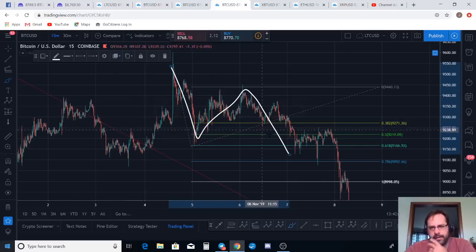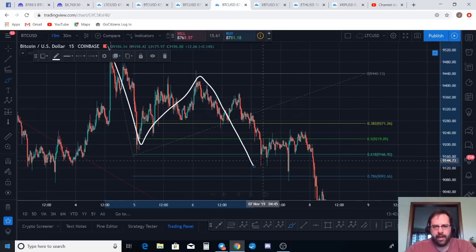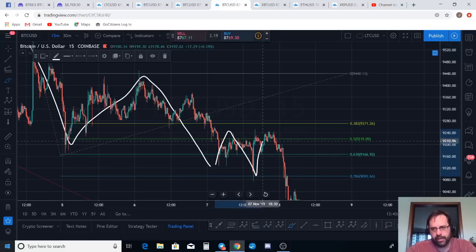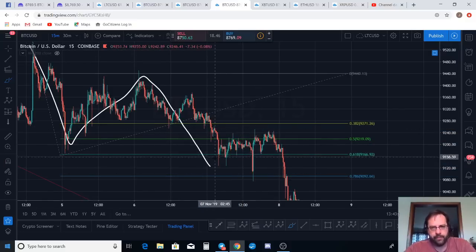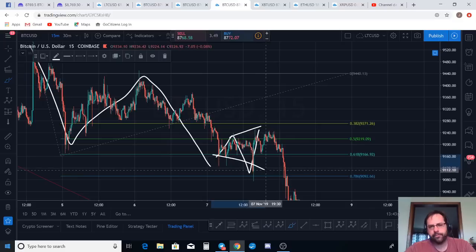We came down and tagged the 618, the 786 maybe. Then what we have after that, I'm calling this an expanded flat right here. May not be, but I think it's a 3, 3, and a 5, like that. We have an expanded flat connector here, okay?